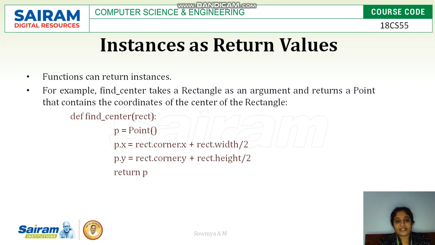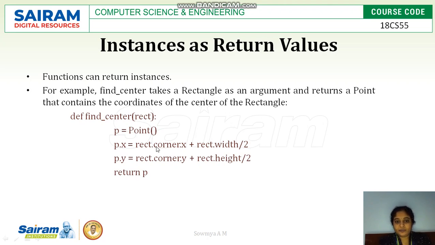Here find_center is a function which takes an argument rect, an object of the Rectangle, and it creates a point p, which is an object of the class Point, and finds the values of x and y. Then it calculates the values of x and y with the corner object from the rectangle object.